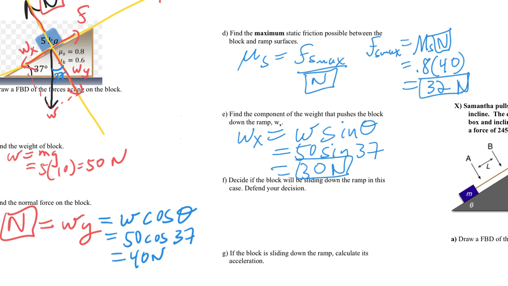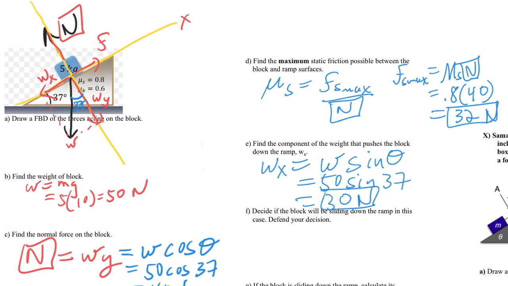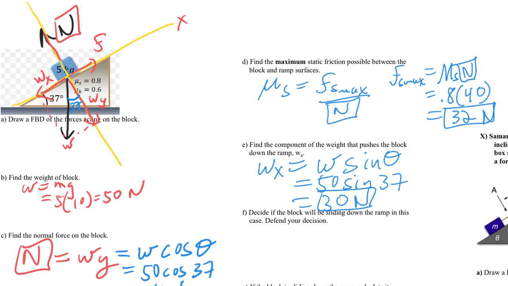Will the block be sliding down the ramp in this case? Well, okay, so Wx is to the left. Look at the picture. Wx is right there. So how big can F be? Static friction, 32.